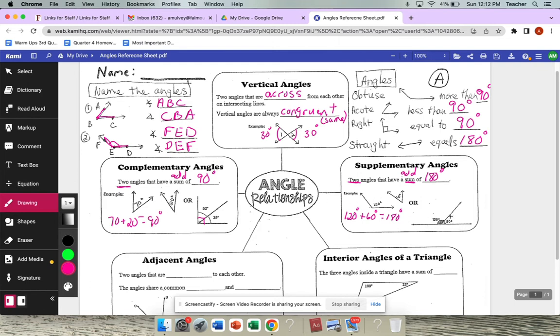Here is a way you see them quite frequently, right next to each other. So this angle plus this angle equals, do you see how there's a straight line? And a straight line has 180 degrees. So 130 plus 50 equals 180 degrees. So these are called supplementary angles.